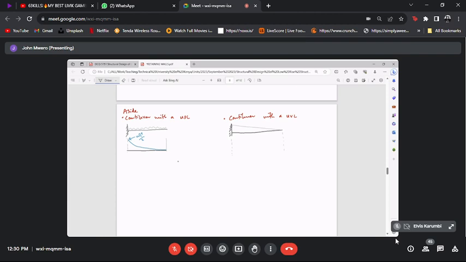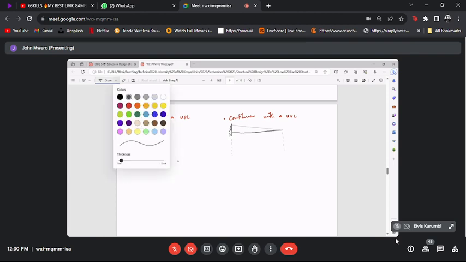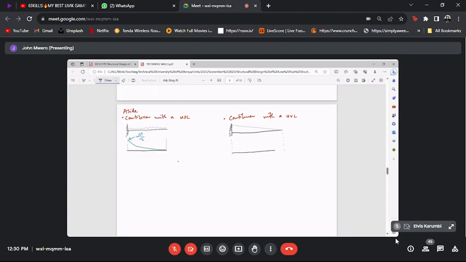The variation is still parabolic, but the number changes a bit. The equation changes a bit.